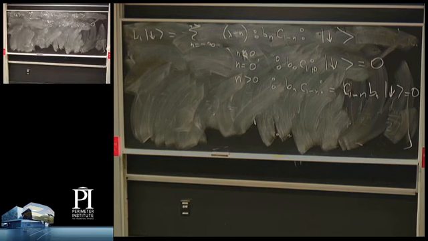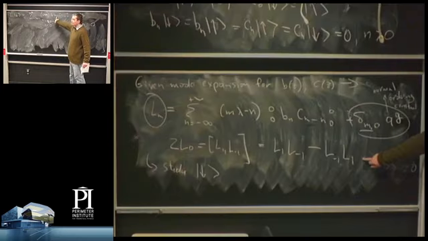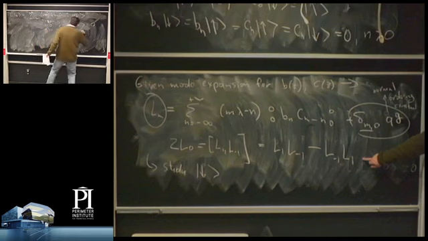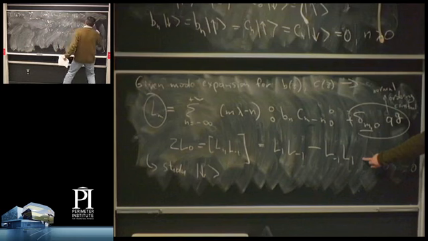And when n gets positive, b_n is an annihilation operator, so I have to put it first, and it will annihilate as well. So this L1 will always annihilate the down ground state.